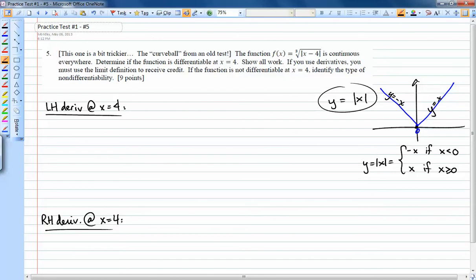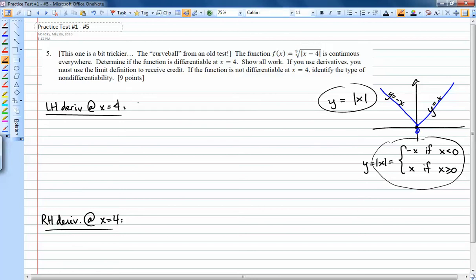So I just wanted to review that because we're going to come back to this idea right here in a little bit. So the left-hand derivative at x equals 4. Since we have to use the limit definition, we can't just use shortcuts. And to be honest, we don't have shortcuts for dealing with a function that looks like that yet.